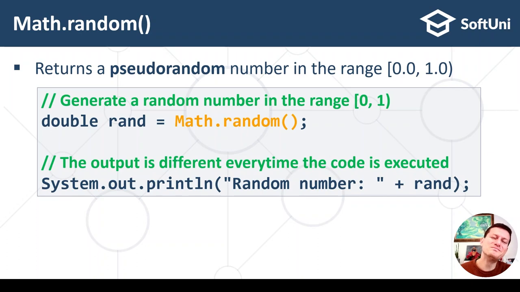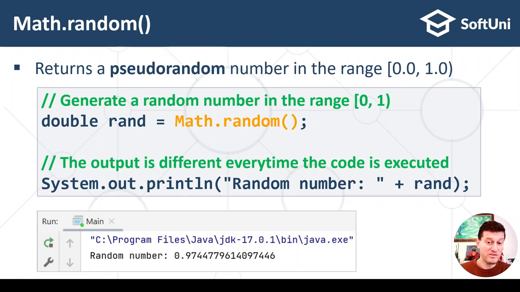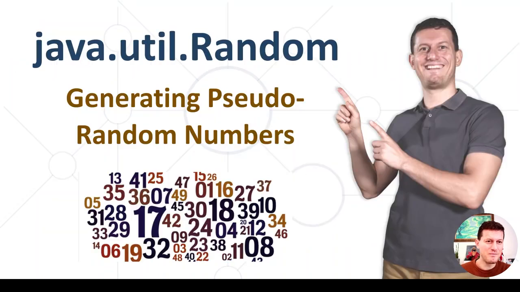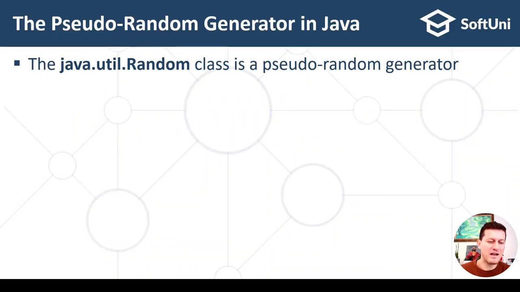So it's a long story, but in short, cryptography needs a more secure random number generator. This is the output from this example, and now I'll show you java.util.Random and how to generate pseudo-random numbers in Java. So let me show you this class, java.util.Random.